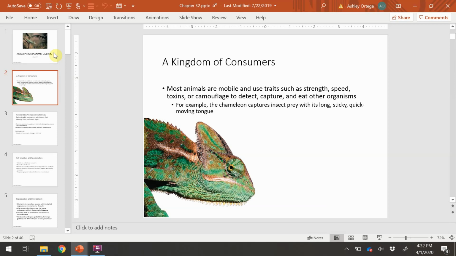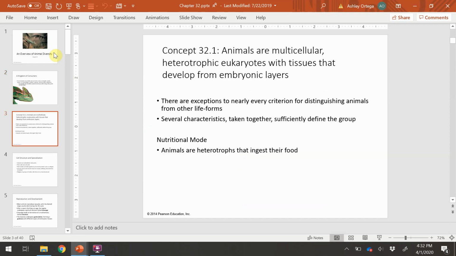That most animals are mobile and they use different traits to detect, capture, and eat other organisms. The chameleon in this image here would use its long, sticky, quick-moving tongue to capture its insects, and use this great ability of camouflage to go undetected by larger predators. Right, so overall, though, animals, we define them as being multicellular, heterotrophic eukaryotes.